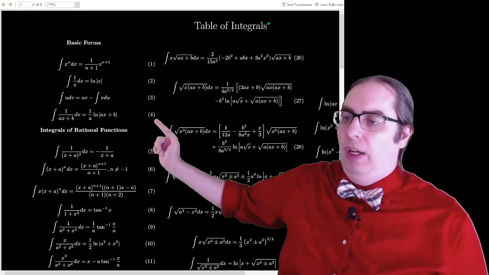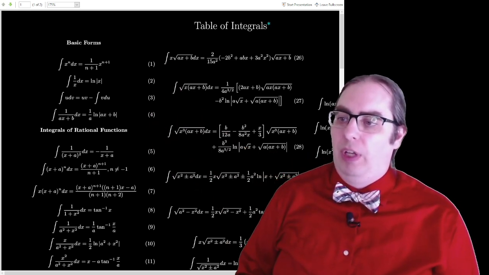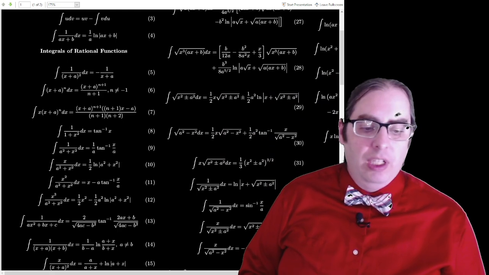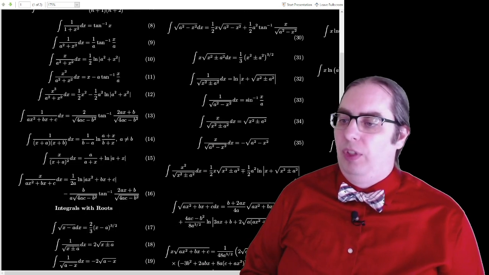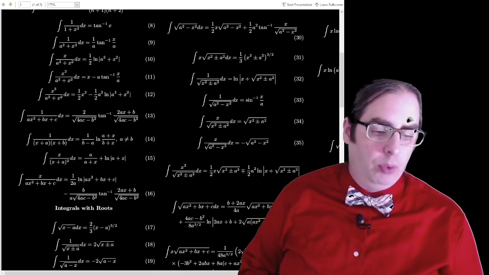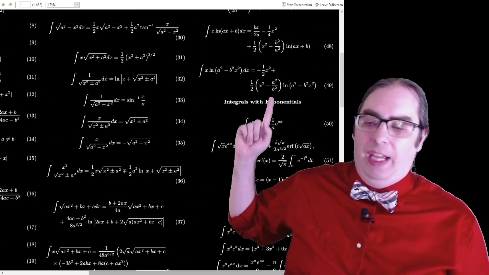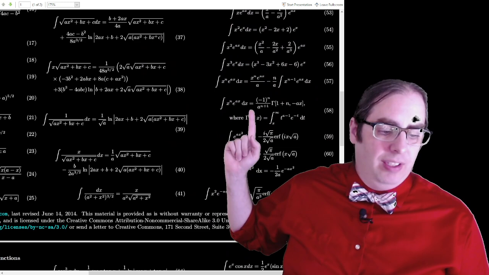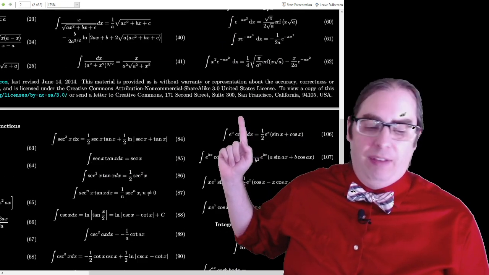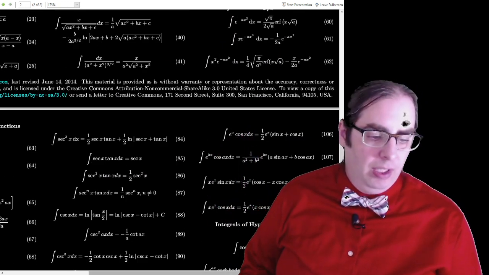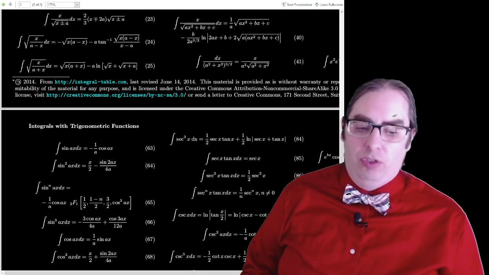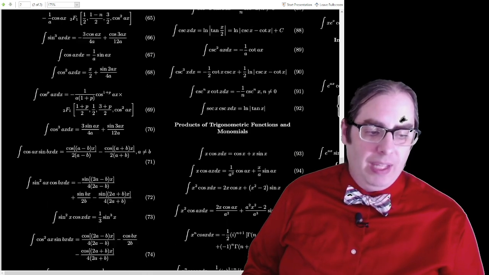So we're looking here at basic forms, integrals of rational functions. If I scroll down a little bit here, you'll see that there's a header for integrals with roots. We've also got integrals with exponentials, and this continues on to a second page where we have some trigonometric functions, and so on, and so on.